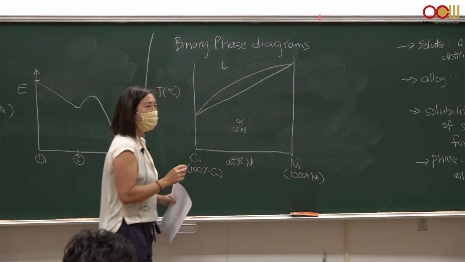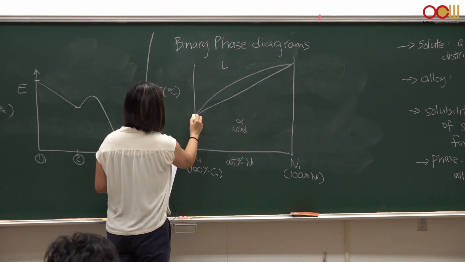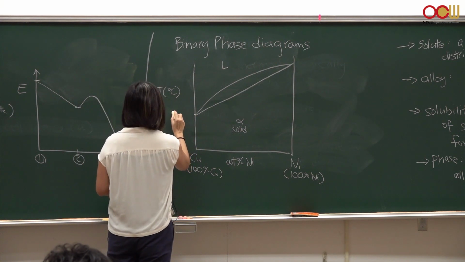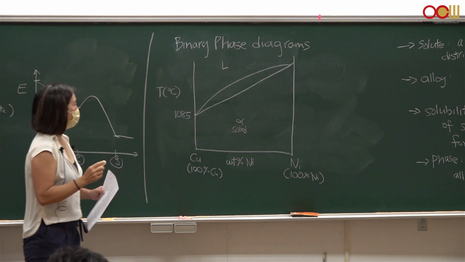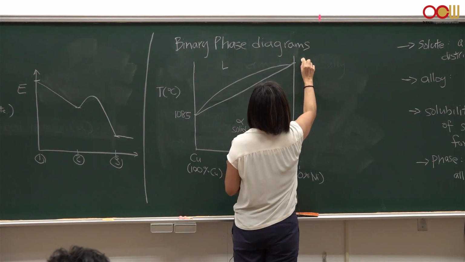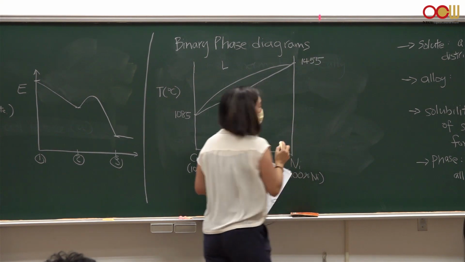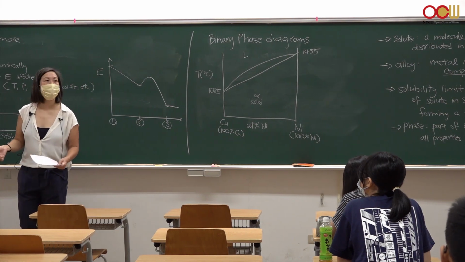You take it to a high enough temperature, it will melt. So you have liquid, and 100% copper melts at 1,085 degrees Celsius, and 100% nickel melts at 1,455 degrees Celsius. So they do have different melting temperatures.